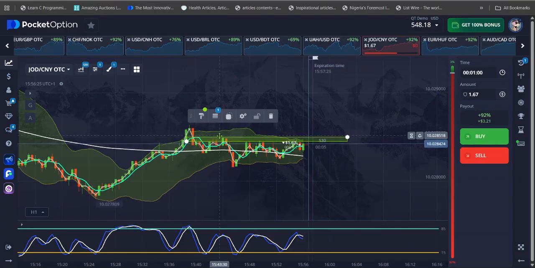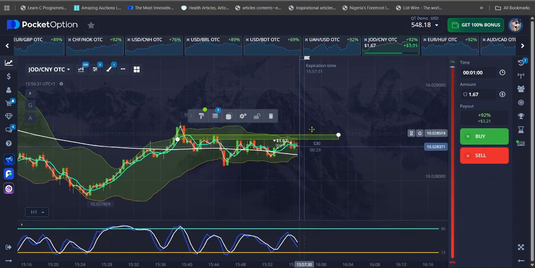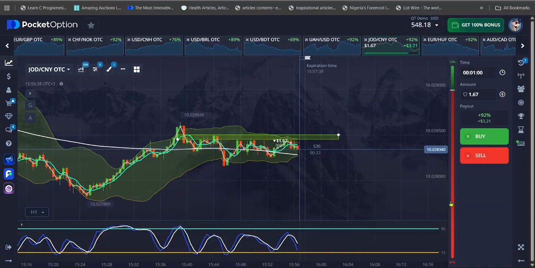So you can see there's a resistance in this region. Okay, there's a resistance here. And that was why I picked a sell there, because I believe that the trend should go down more.